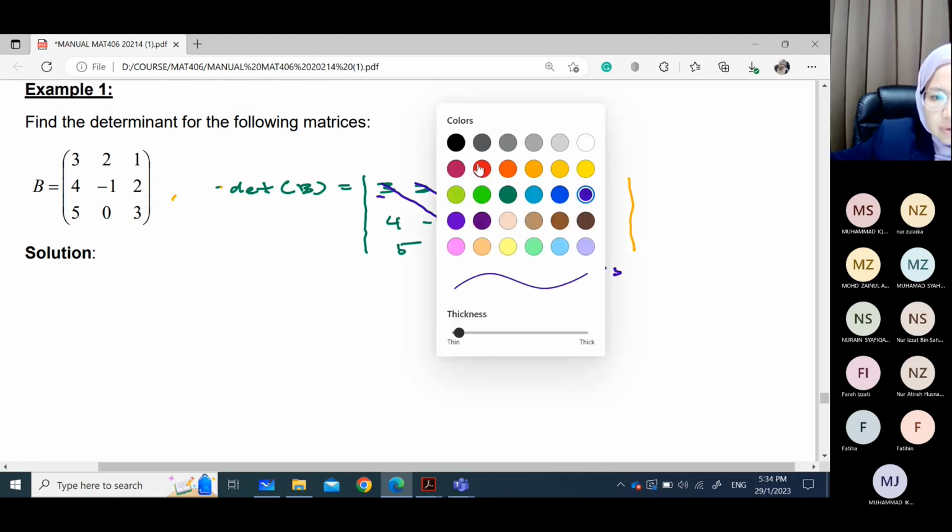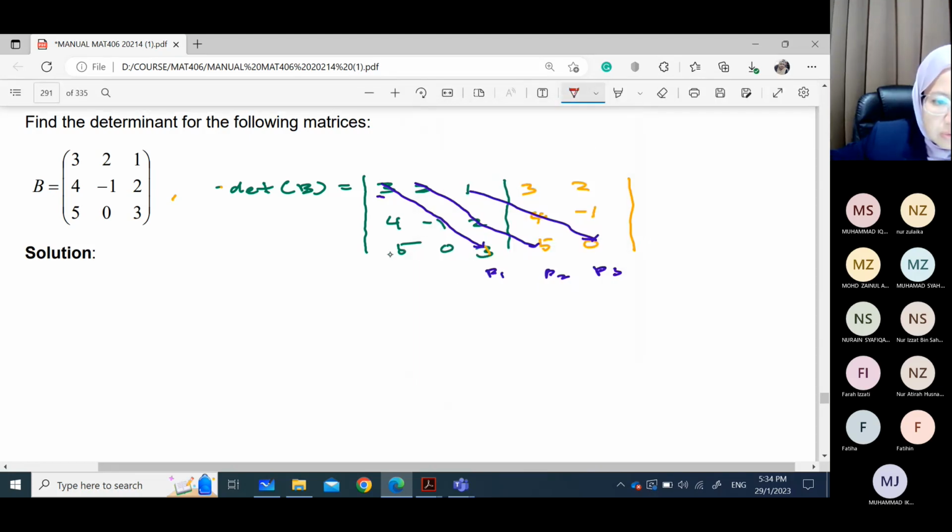And then the next one, untuk bahagian yang kedua tu, we minus with this one, 5 times as a diagonal, 5 times negative 1 times 1. So this one is a P4 and 0, 2 times 3. This one is about P5 and the last one, apa ni? 3 times 4 times 2, P6.